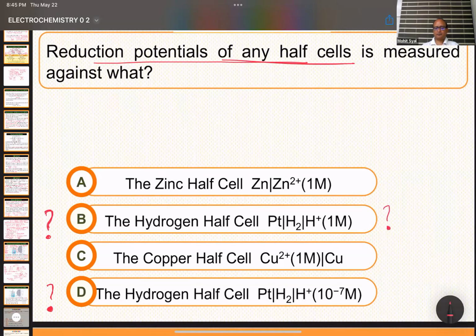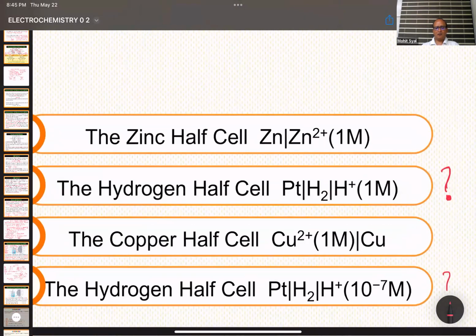Jasleen, myself and Ibrahim both are thinking of B and D. So Jasleen, Marwa and Aisha, can you help us out? Which one is the right answer? B or D? Just look at the concentration. So B.